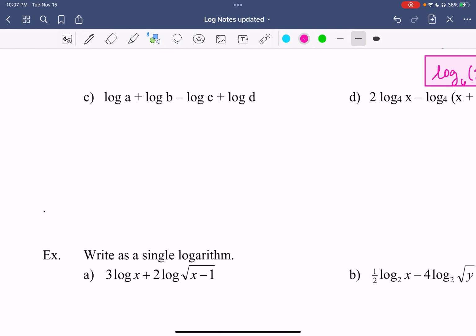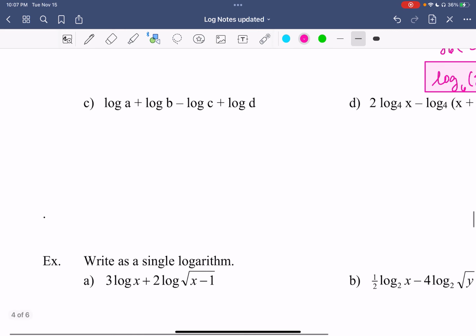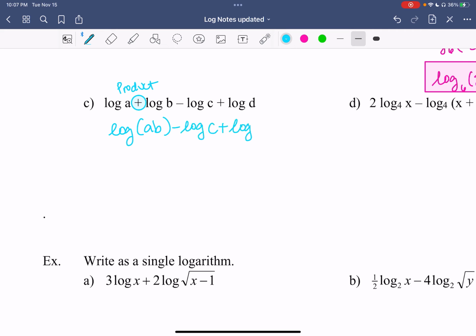Log A plus log B minus log C plus log D. They don't have any base written, so I can assume that they're all base 10. And we're going to do our laws from left to right. I see a plus, which means it's going to be the product law. So you're going to multiply the arguments, A times B. Now, we haven't used the other ones yet, so don't do anything with them. You have to only do one at a time.